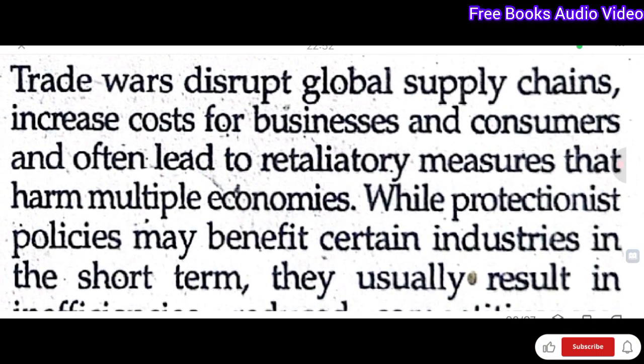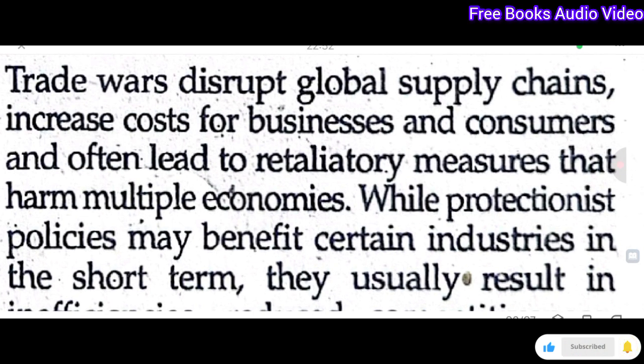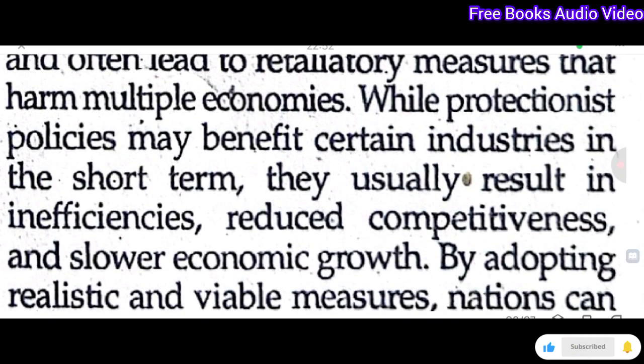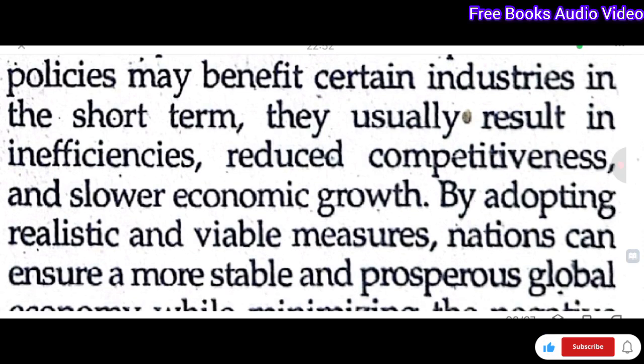Trade wars disrupt global supply chains, increase costs for businesses and consumers, and often lead to retaliatory measures that harm multiple economies. While protectionist policies may benefit certain industries in the short term, they usually result in inefficiencies, reduced competitiveness, and slower economic growth.